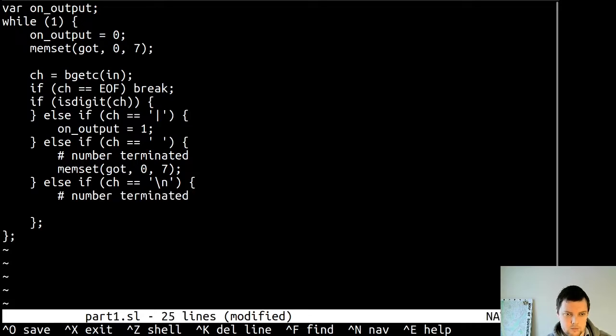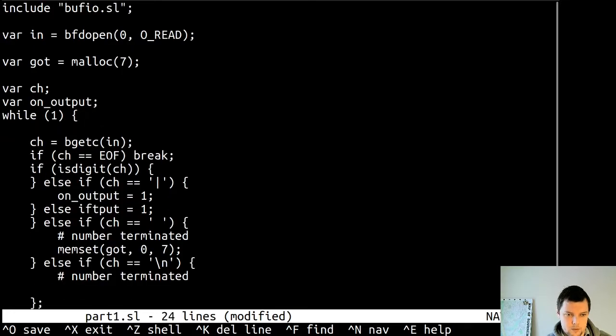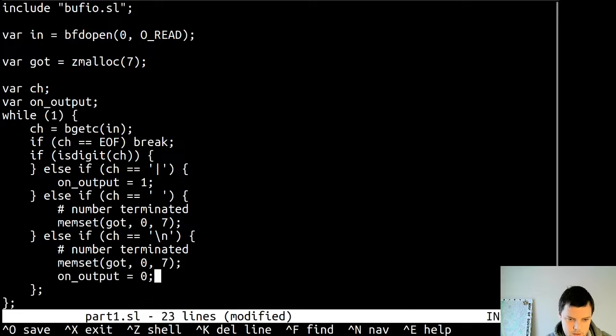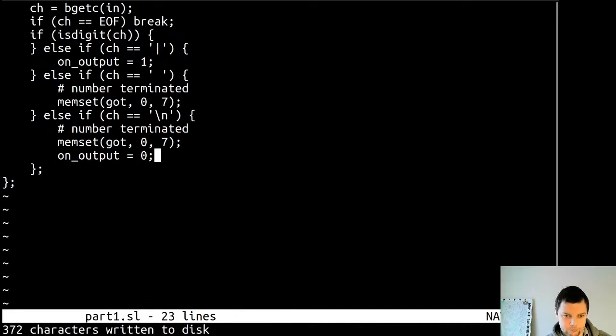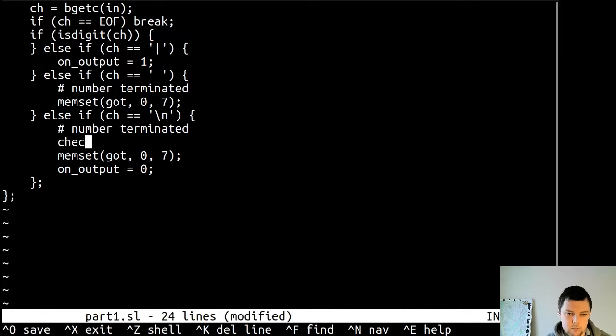Oh, hang on, I've confused myself there. When we see a new line, so we'll initialize got to 0, and on a new line, reset it to 0, set on output to 0. And on a new line, oh actually we only want to know how many 1s, 4s, 7s and 8s there are, so we'll just check number.